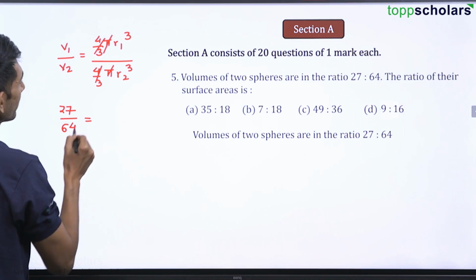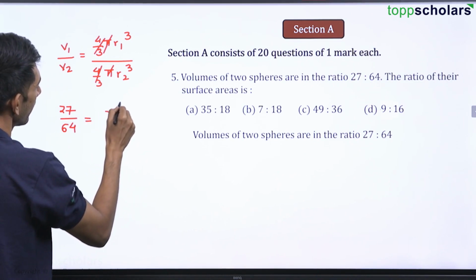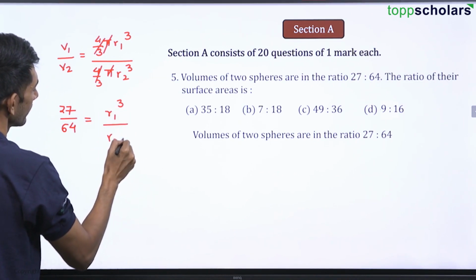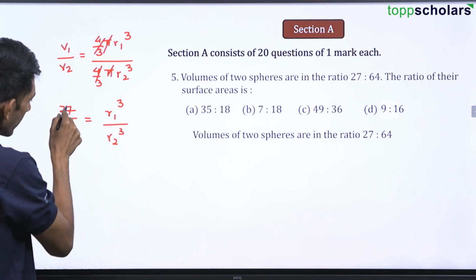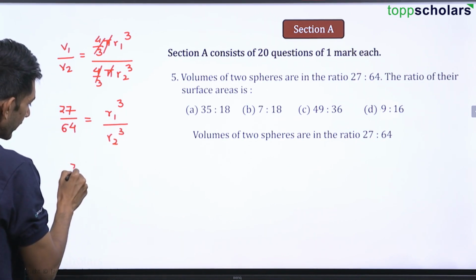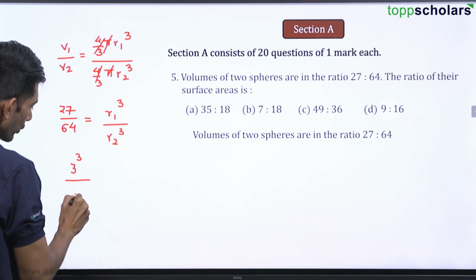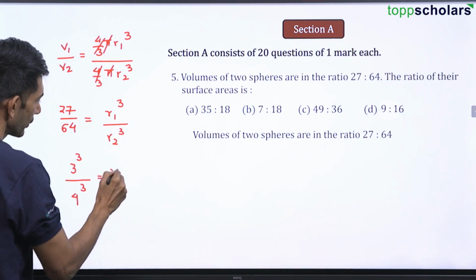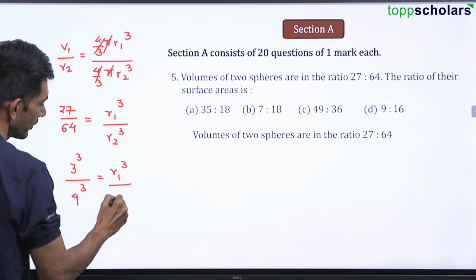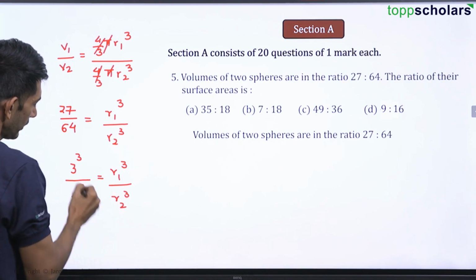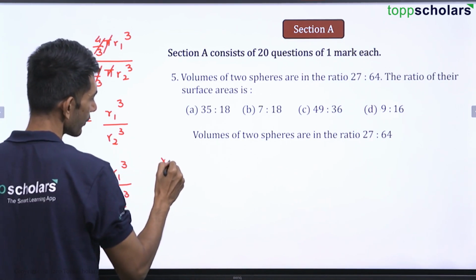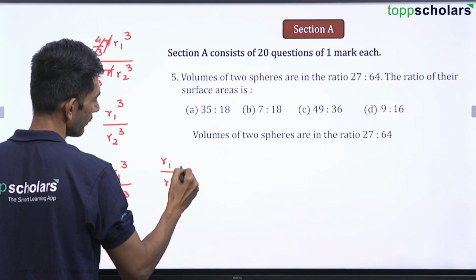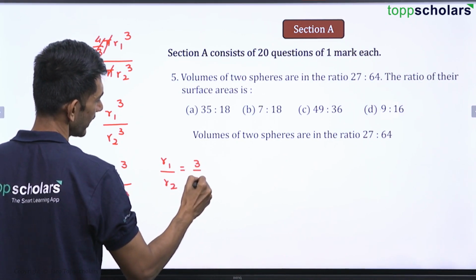So 27 by 64 is given by R1 cube by R2 cube. Now this can be written as 3 cube by 4 cube. That is equal to your R1 cube by R2 cube. So R1 by R2 will be equal to 3 by 4, correct?